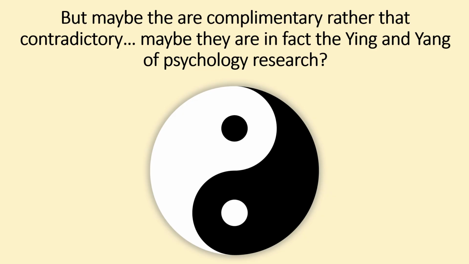I would argue that we should not see the ideographic and nomothetic as two contradictory ways of researching. We should actually see them as two complementary ways. That if we use an ideographic approach to check theories work and find that sometimes they do, great.